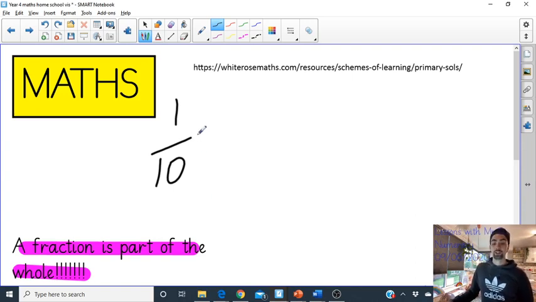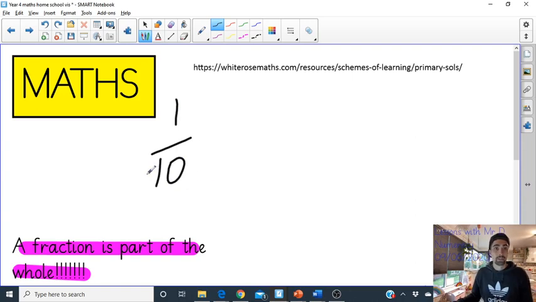And the numerator, our top number, shows us how many parts that we have. So in this case, I have 1/10 of my whole. I had a whole, I split it into 10 equal parts, and I have one of those parts. That is what this fraction is saying.